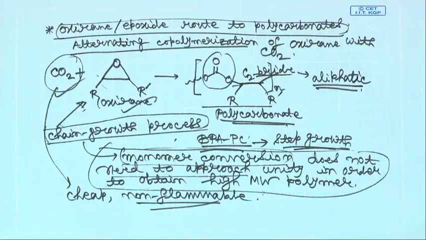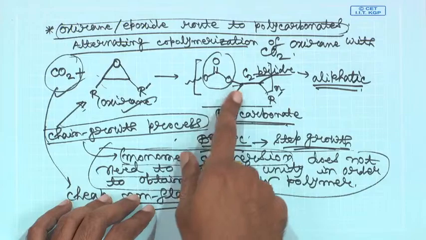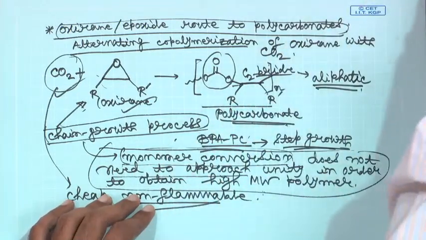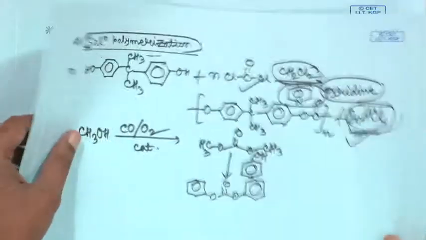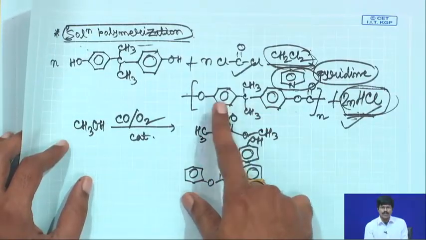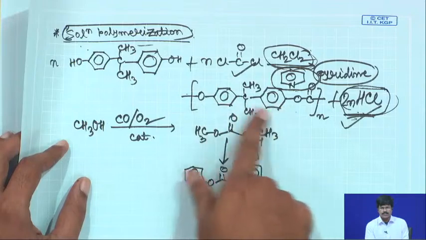Now, what is the importance of considering this particular point as a disadvantage for this route? I am telling you that having an aliphatic backbone is a disadvantage, because if you compare this with the polycarbonates that are prepared from bisphenol A, those have an aromatic backbone. I told you before that an aromatic backbone typically gives you rigidity in the system, because these are rigid units.